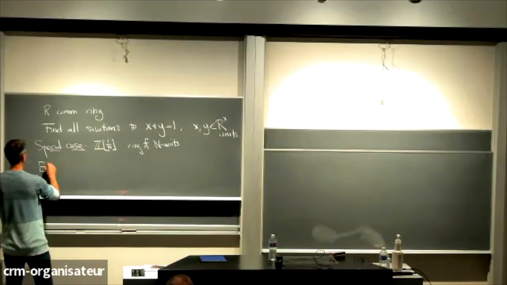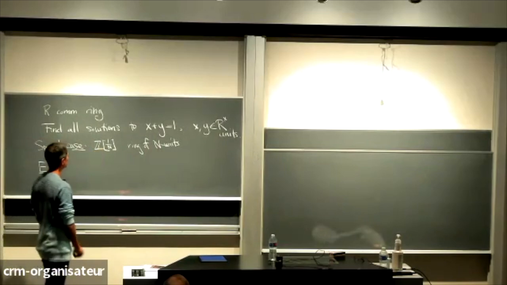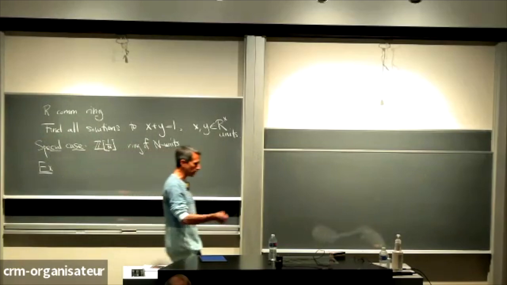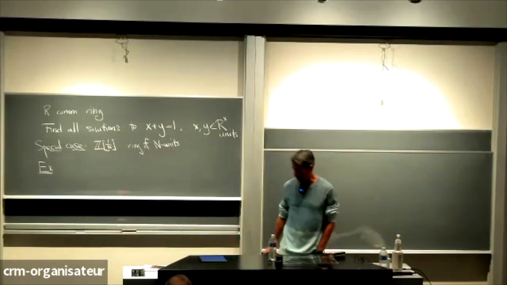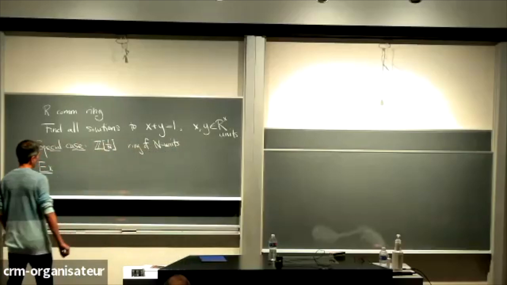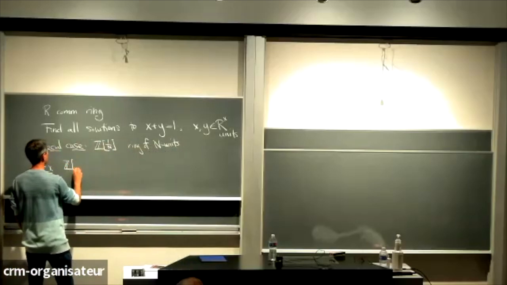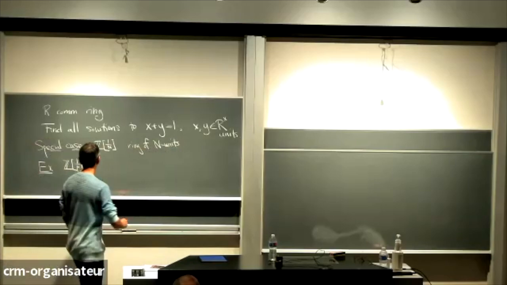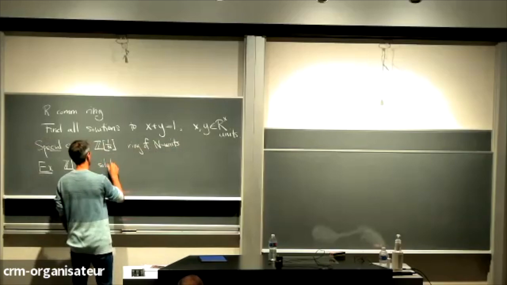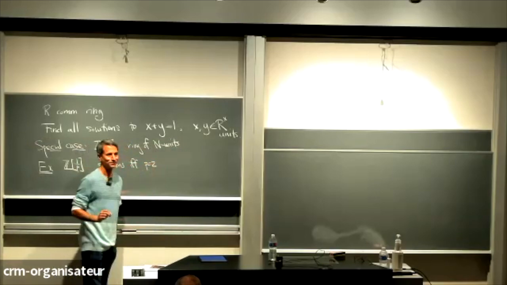So an example: you could think of this as inverting a certain number of primes. You're allowing certain primes to appear in the denominator. So if you just had one prime, Z adjoin 1 over p, there are solutions if and only if, let's say, p equals 2.